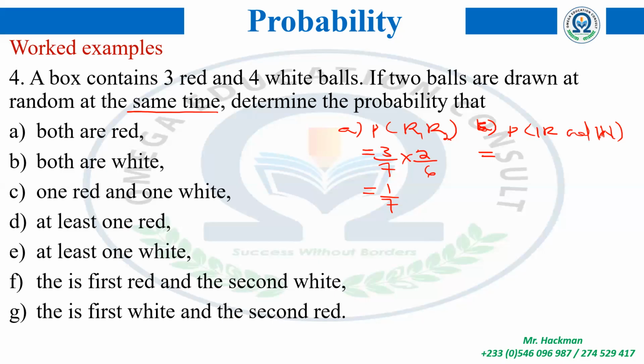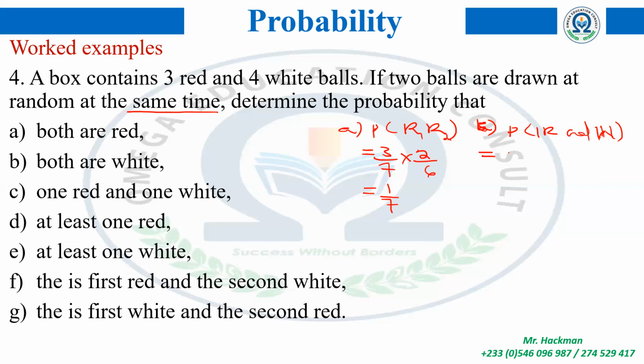Do you remember? Yes. You can see I said we are treating it as if we are selecting one at a time without replacement. So it means we are going to get two possibilities.